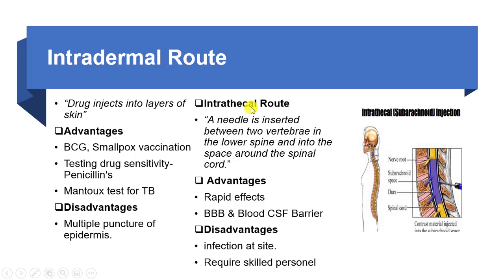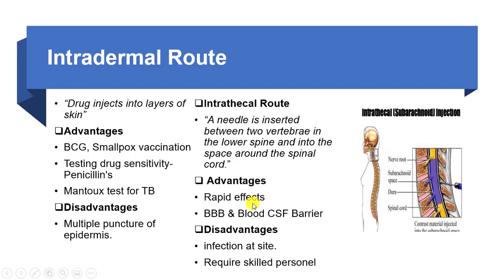What is the intrathecal route? The intrathecal route is the route in which the needle is inserted between two vertebrae in the lower spine and into the space around the spinal cord. If you look at this diagram on the right side, you can see that the needle is being inserted between the two vertebrae into the spinal cord. What are the advantages of this route?